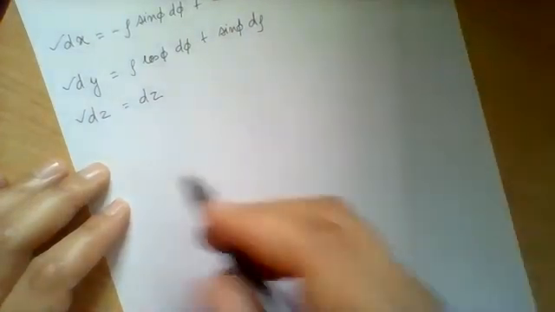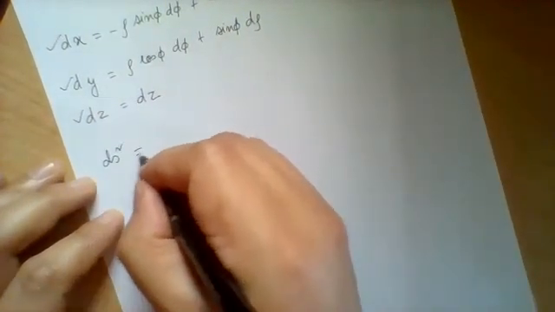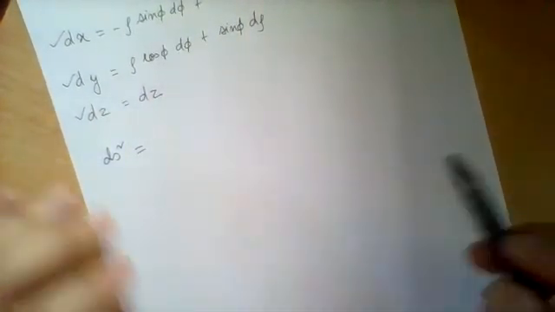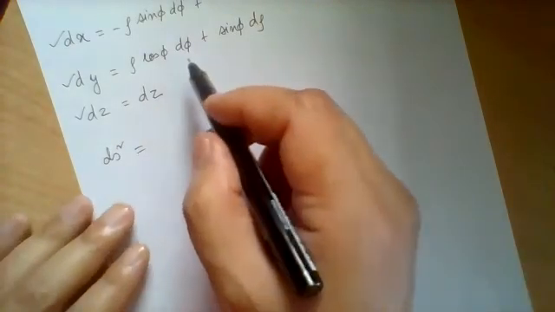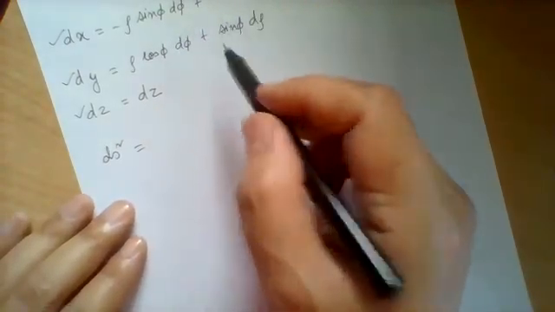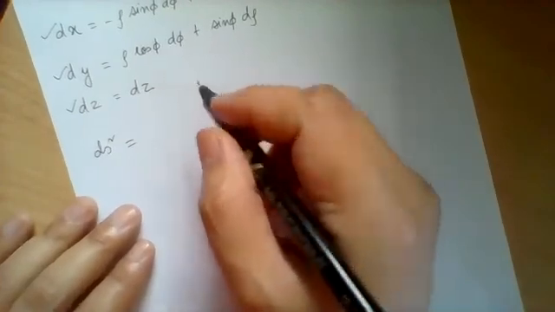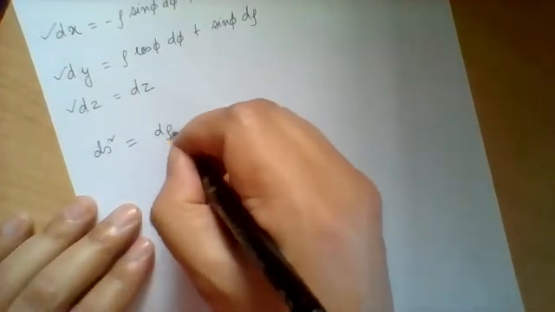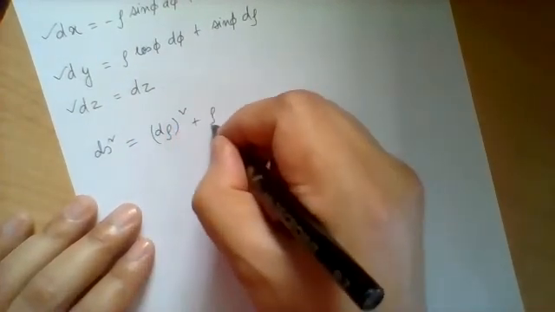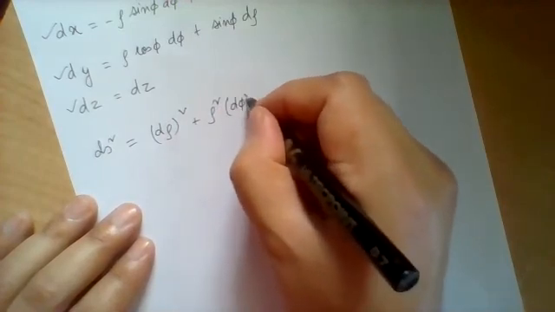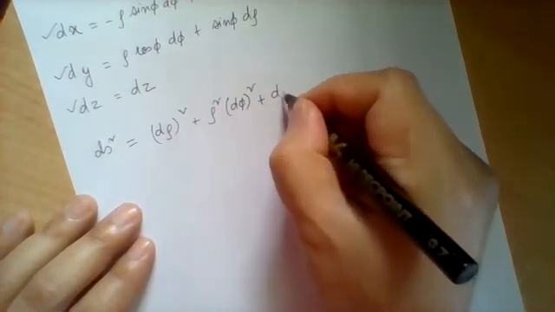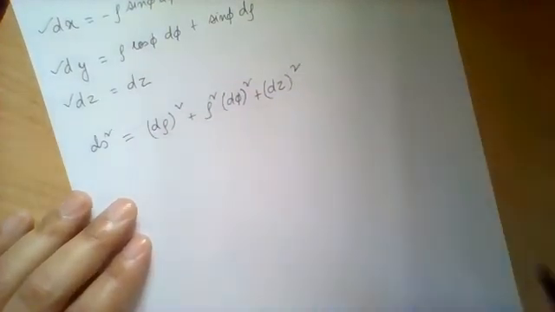You substitute these three values in these three expressions and obtain ds square, then group together terms containing phi, rho and z, and the final answer should be d rho square plus rho square d phi square plus dz square. So try it out.